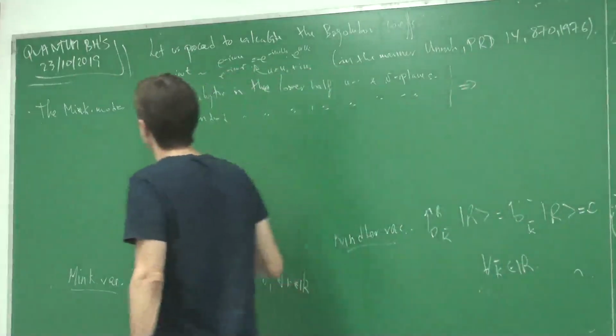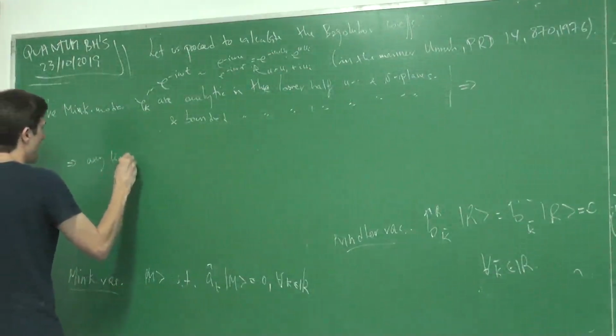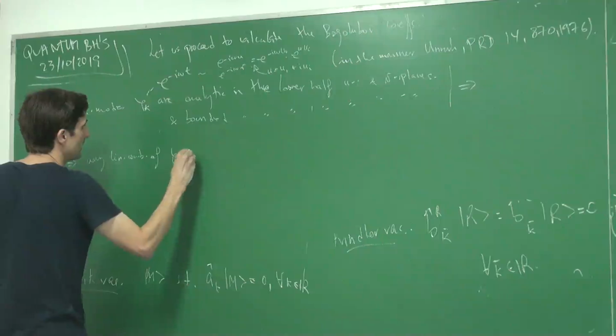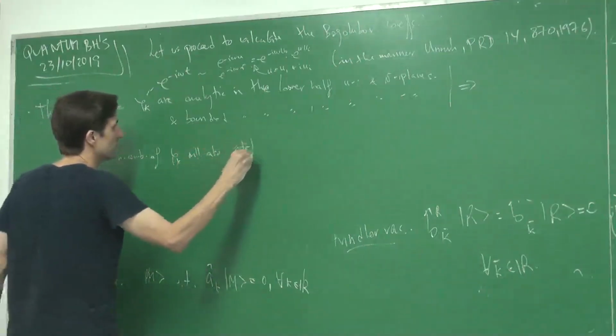This also means that any linear combination of phi k will also satisfy these properties.